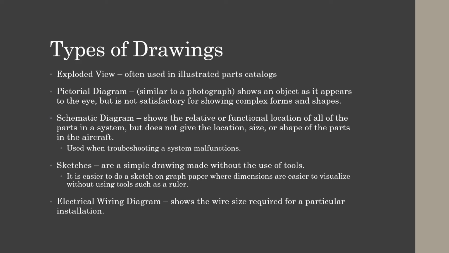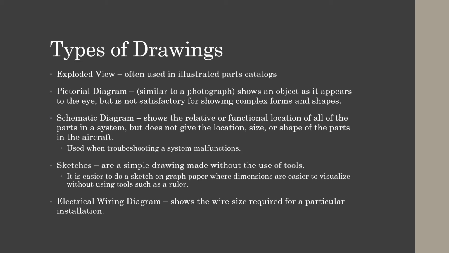We have schematic diagrams. They show relative or functional location of all the parts in a system, but don't actually give location on the plane, or the size or shape relative to each other. So a pump will look the same as, say, a tire, even though the pump is 10 times smaller.